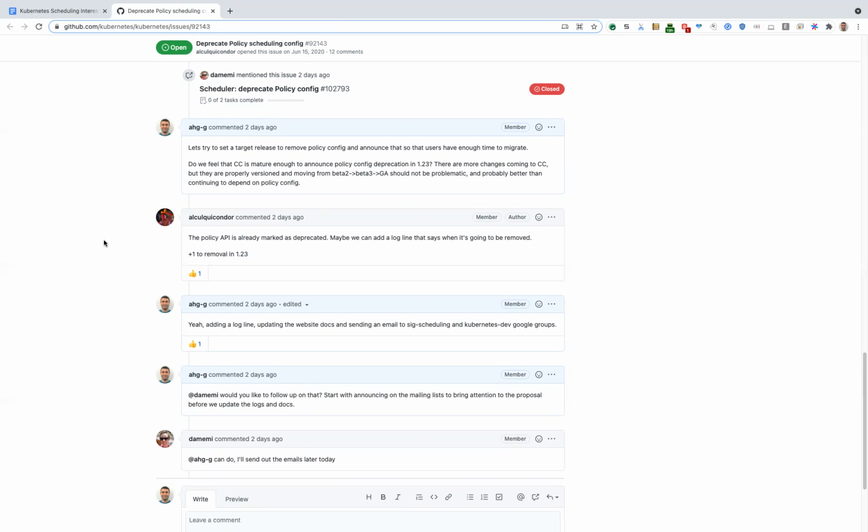So hopefully that's enough announcement to get people off of it. Hopefully everybody already moved to component config, because quite frankly, it's way more powerful, way better than the older one. So there is a lot of incentive to actually do that migration.